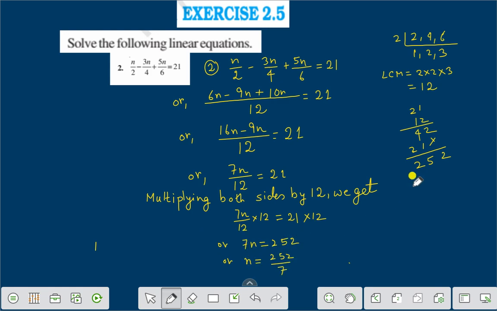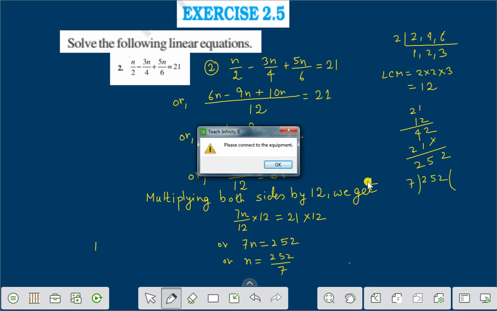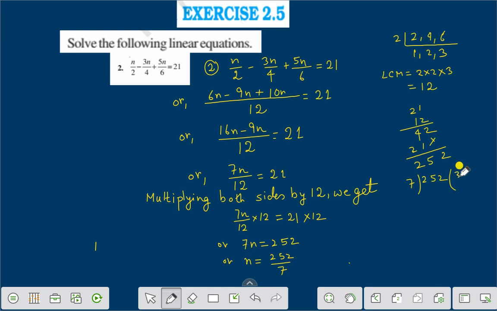If you divide 252 by 7: 7 3 is 21, 5 minus 1 is 4, 2, 6 7 is 42, right? Therefore, we got the value of n, n is equal to 36, and that is the answer.